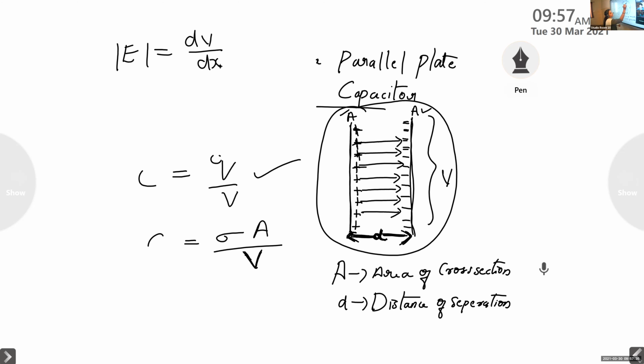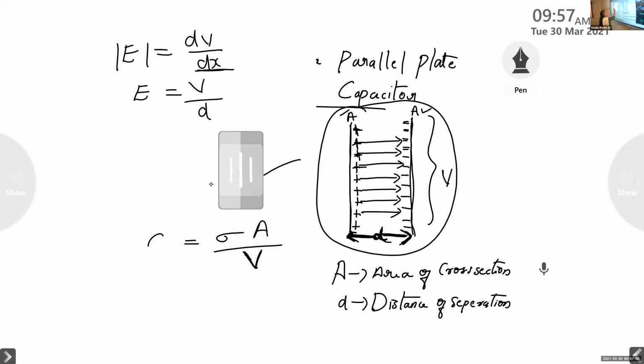But here we consider the entire potential of the capacitor. So E becomes V divided by the distance, and since the capacitor plates are separated by a distance d, dx is changed to d. So E is equal to V by d.